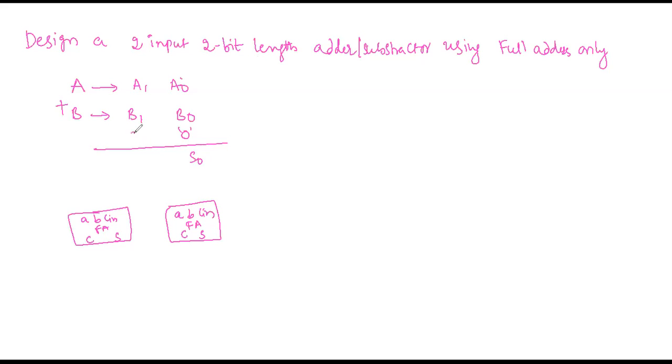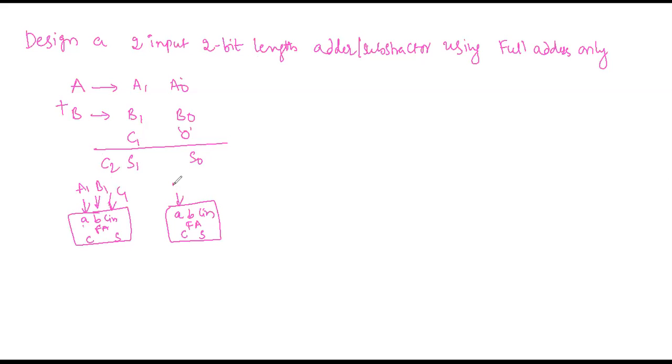Now again add these 3 bits: apply A1 to A, B1 to B, and C1 to C, then you will get S1 and C2.